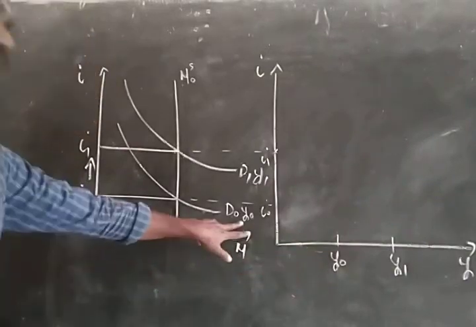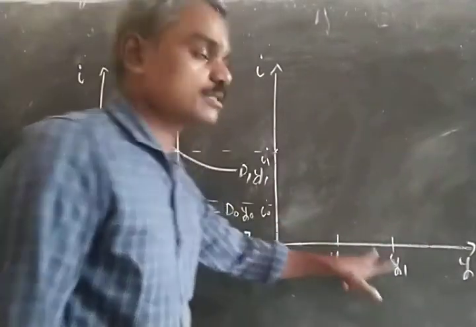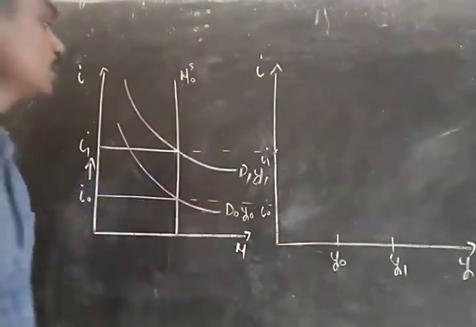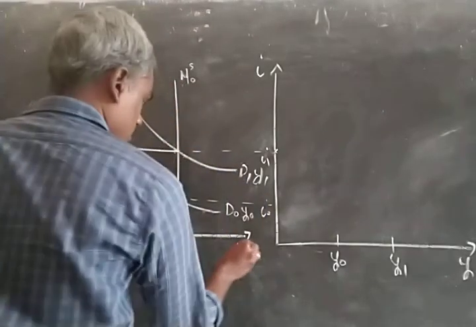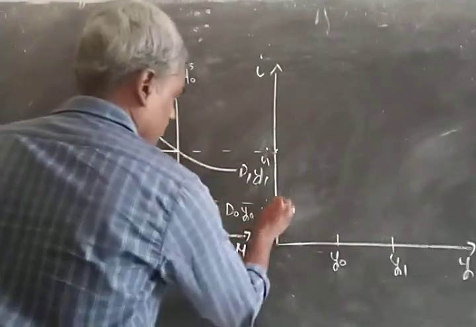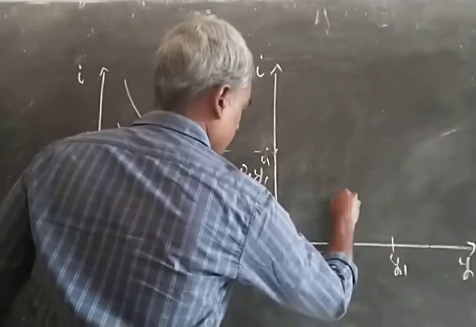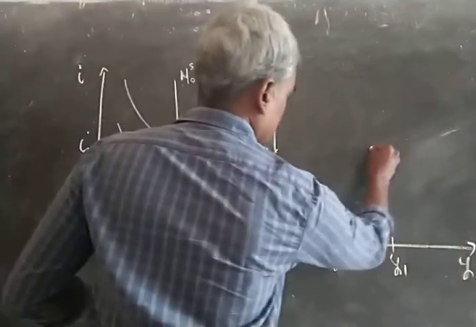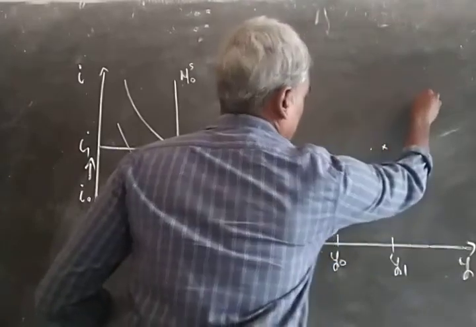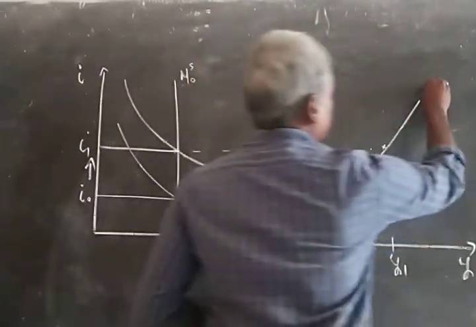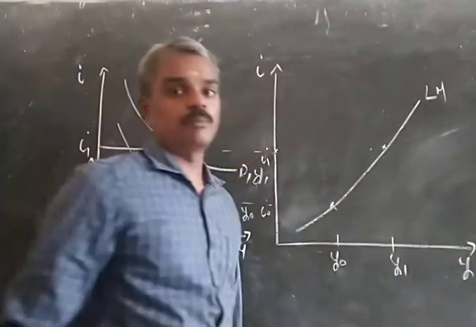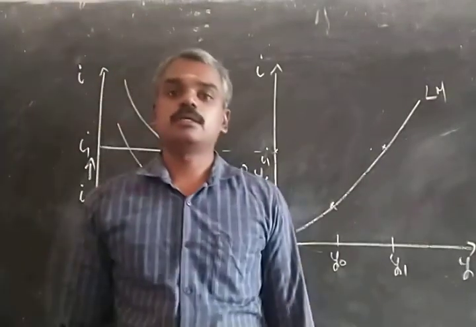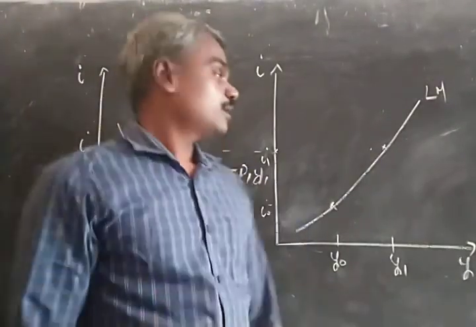So we get one point, I0 Y0, and another point, I1 Y1. We draw the LM curve through them, which is upward sloping, and we know why it is upward sloping also.